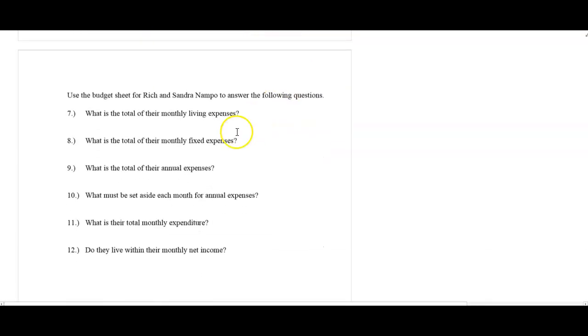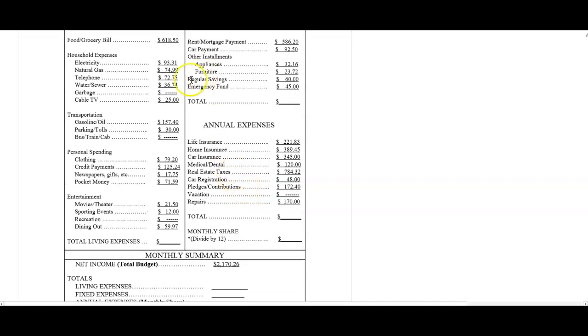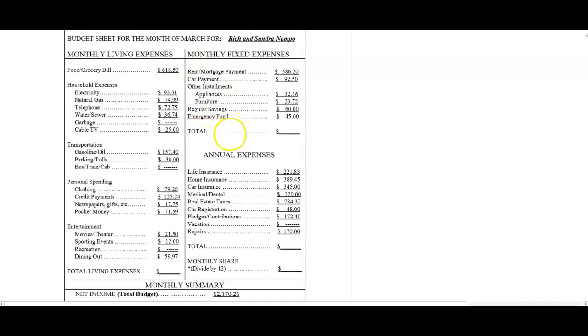Let's take a look at another one. So instead of filling these out in the questions, I'm going to go ahead and fill the budget sheet out. I'm going to have you do this one and then just come back and check your answers. So when you add up all of these, you get a monthly expenditure of $1,495.94.